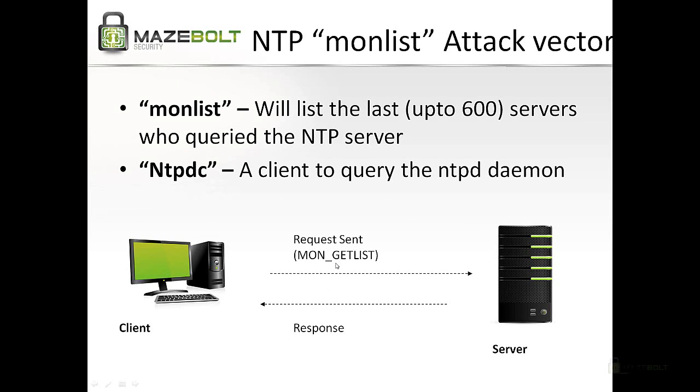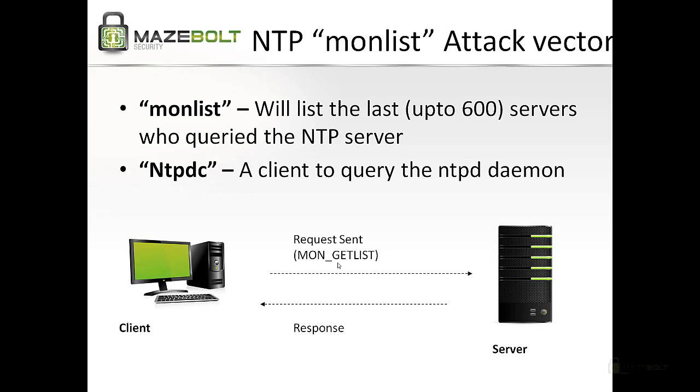Here I've shown a request which is part of our puzzle for this attack, something called the monlist command. Monlist is a command that's supported by the NTP daemon, and it will actually list who were the last peers to query the NTP server itself.